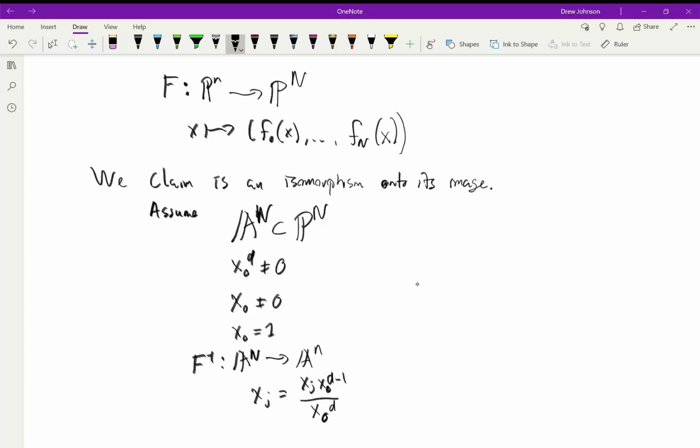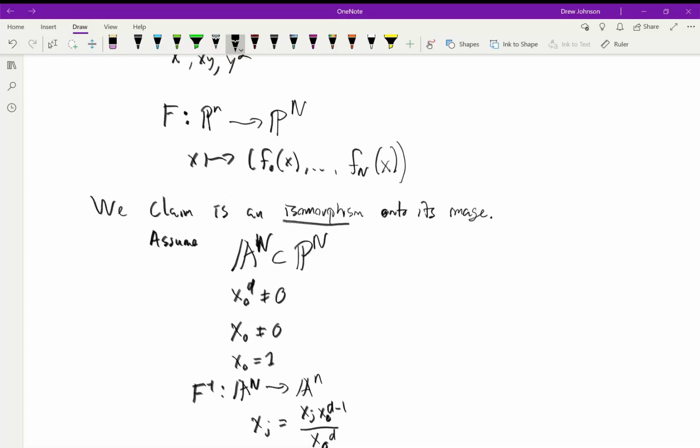Because if we're setting x0 equal to 1, this is exactly xj, and this is a quotient of two degree d monomials. So that's a quotient of two of these coordinates, two of these f's here, and you get back the point xj just like you wanted to. Okay, and then you do this on all the standard open patches and paste them all together, and you get the f inverse. All right, so this f here is an isomorphism onto its image.